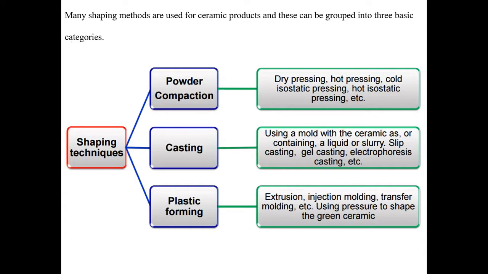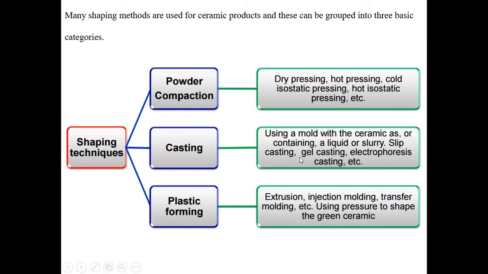Many shaping methods are used for ceramic products, and these can be grouped into three basic categories. The first one is powder compaction, another one is casting, and another one is plastic forming. Examples of processes in powder compaction are dry pressing, hot pressing, cold isostatic pressing, hot isostatic pressing, etc. Whereas in casting, molds are utilized containing a liquid, slurry or slip, and the casting is carried out.